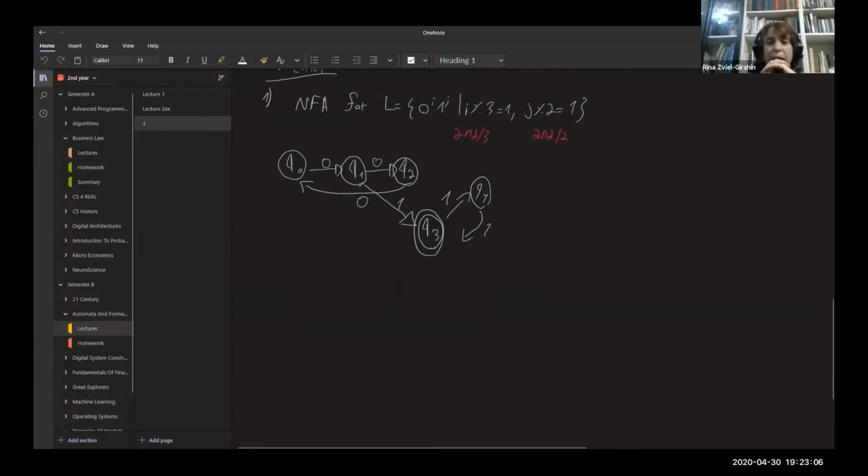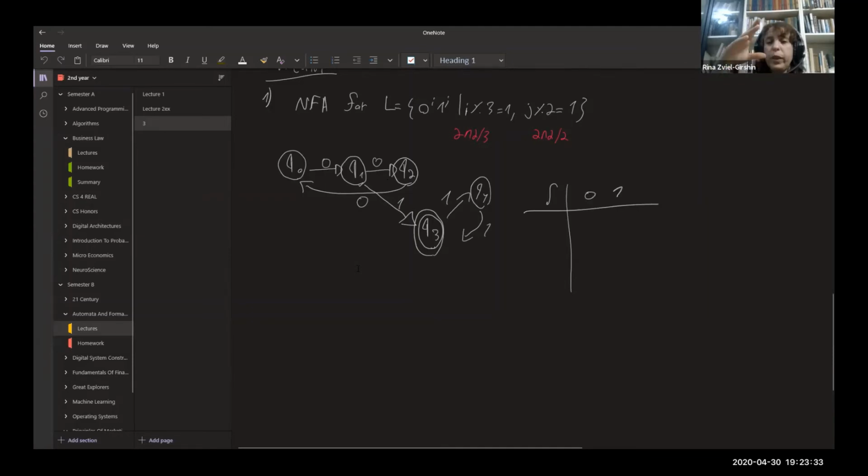Okay, exactly. So we have Q0, an accepting state. With 0, we move to the state Q1, which indicates that currently the number of zeros modulo 3 equals 1. So now I just need each 3 zeros to return to the same state.